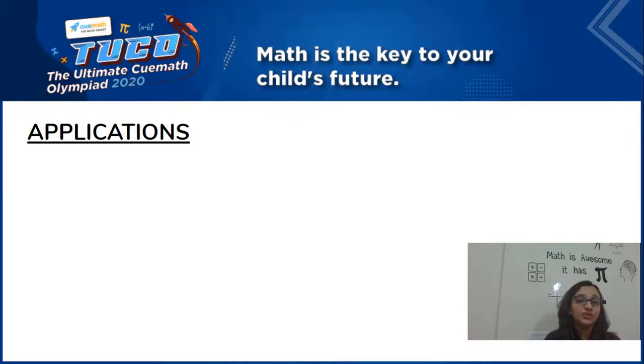Now, when coming to applications, one of the most important applications that we see is camouflage. I don't know whether most of you understand the meaning of camouflage or not. Camouflage is mostly used in armies.